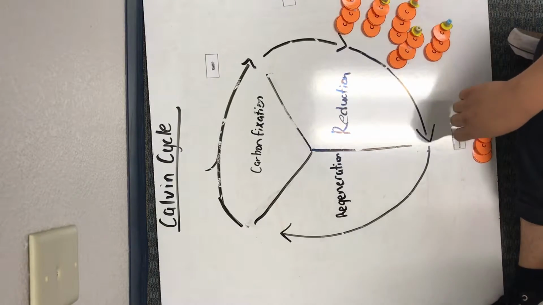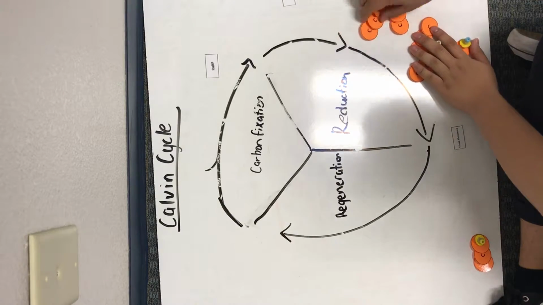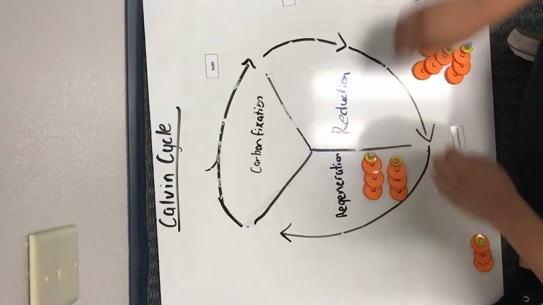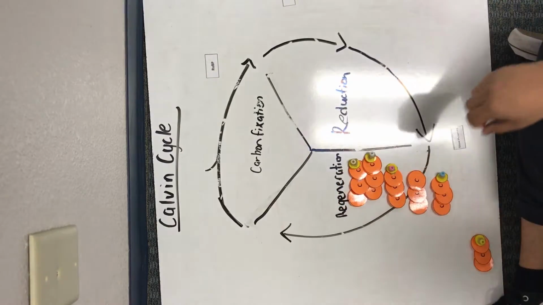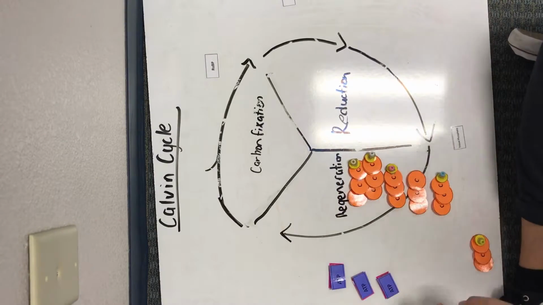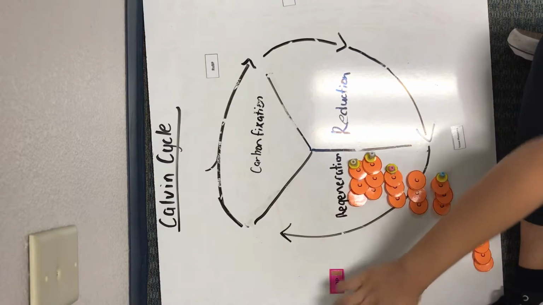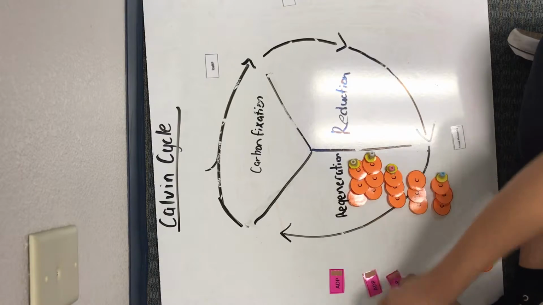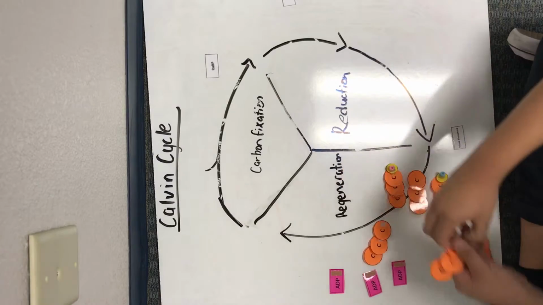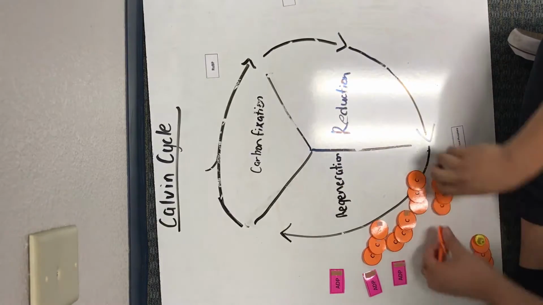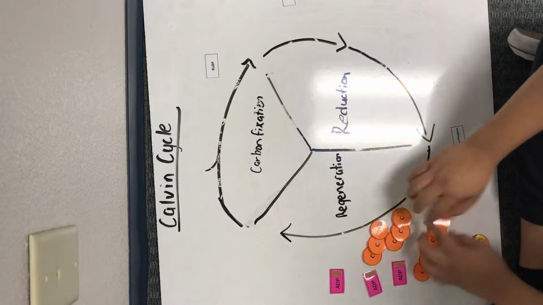One of these triose phosphate is set off to the side, and then these 5 triose phosphate enter the process of regeneration. So with regeneration, we use 3 ATP. The 3 ATP are broken down into 3 molecules of ADP, and the energy released from the ATP being broken down to ADP allows all of our carbons to be rearranged.